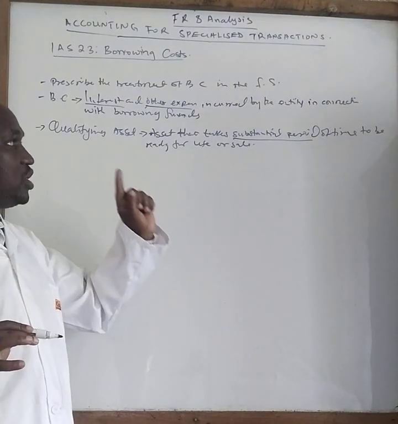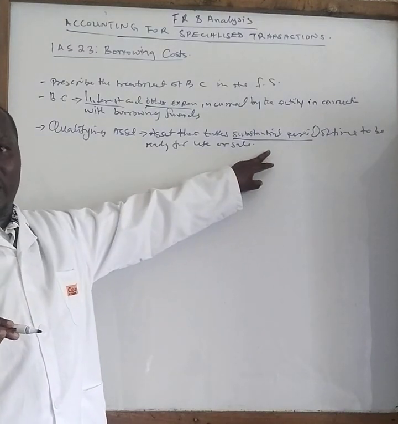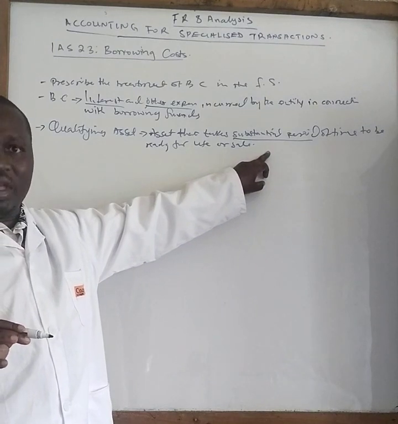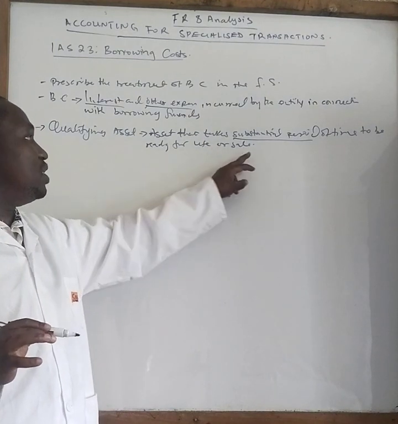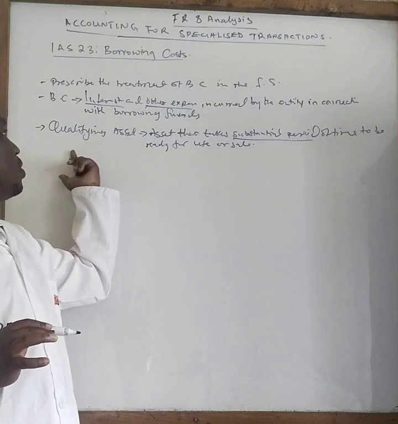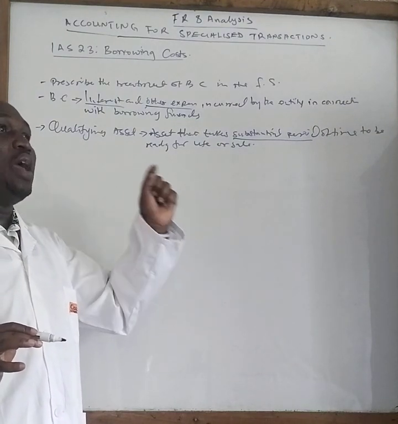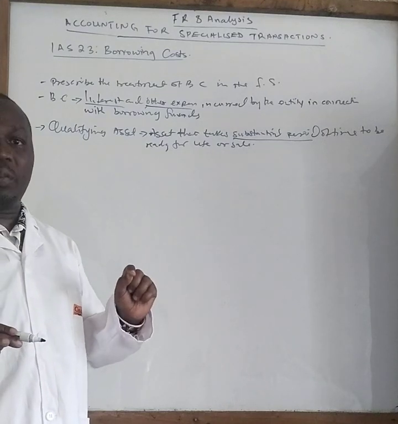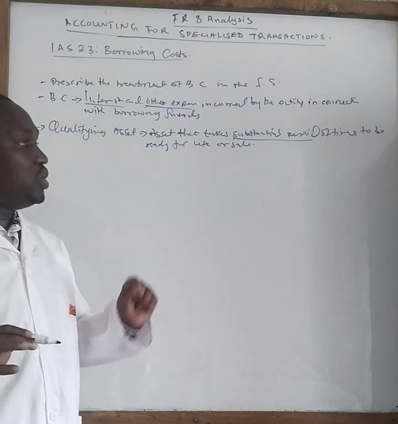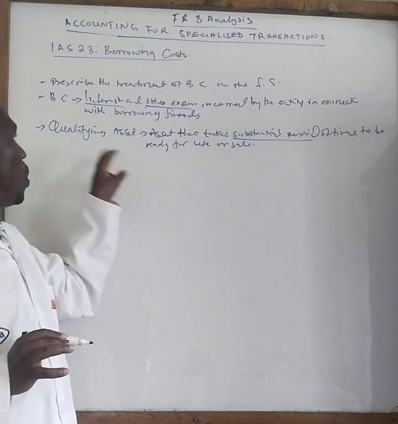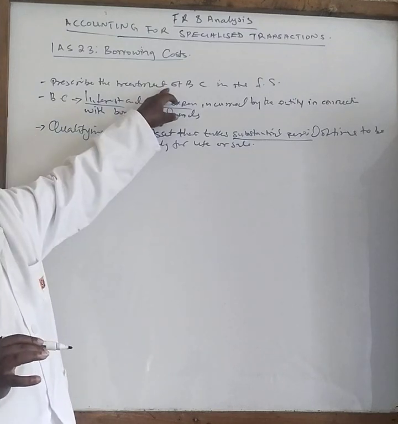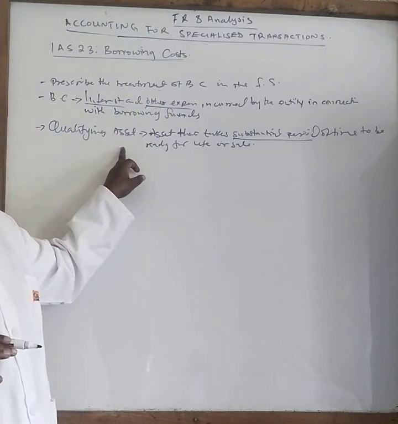Any asset that you construct and it takes less than 12 months, or less than a year, doesn't qualify to be called a qualifying asset, but is described as any asset under IAS 16, that is property, plant and equipment. So here we are specifically on the borrowing cost that is leading to a qualifying asset.